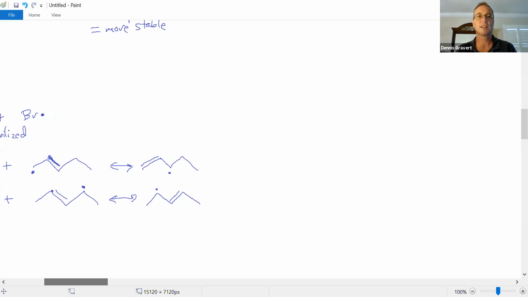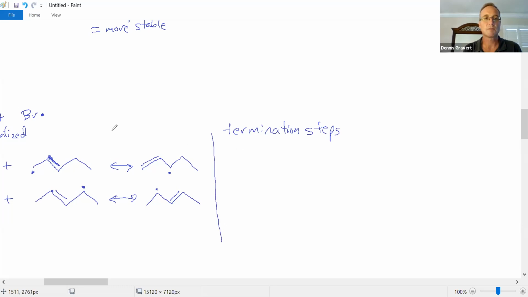So let's scroll over here, and we're going to do our termination step. And there's 4 of them, 1 for every radical. So let's grab this first one on the left, top left. It looks like this. Bring in the bromine radical and pair up the radicals.